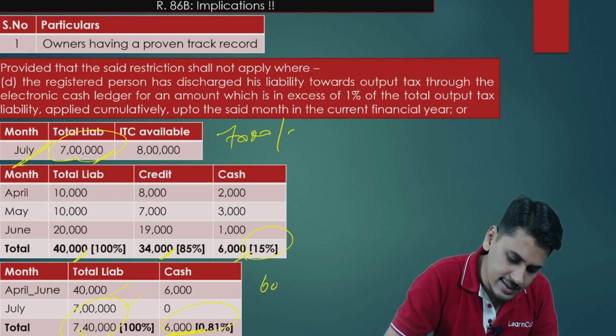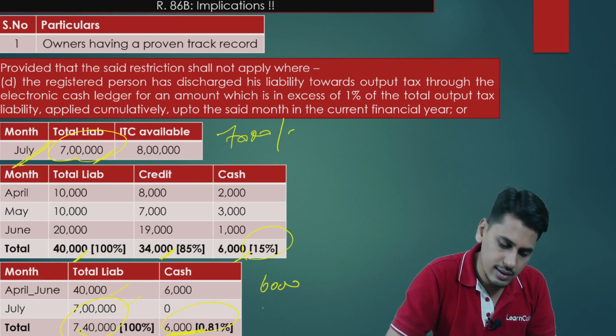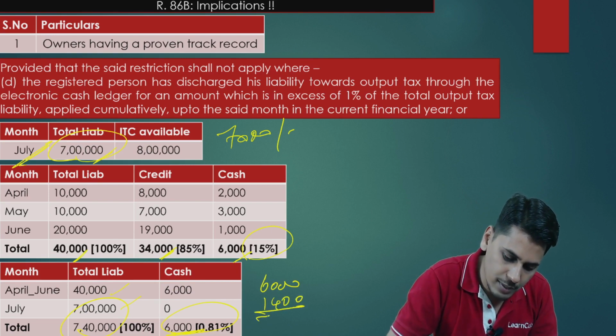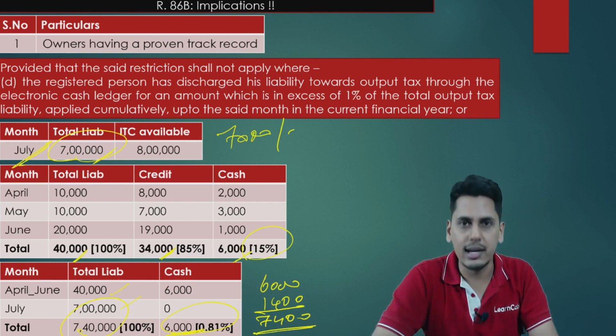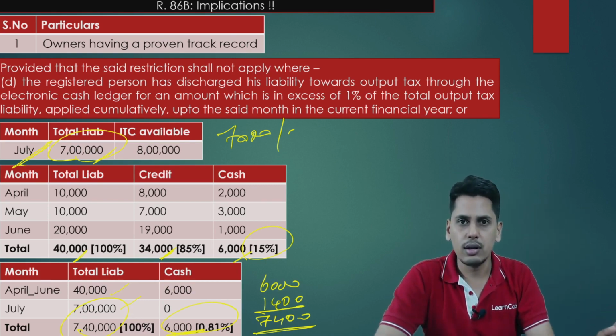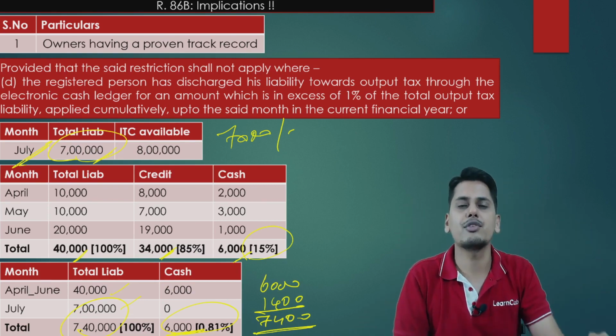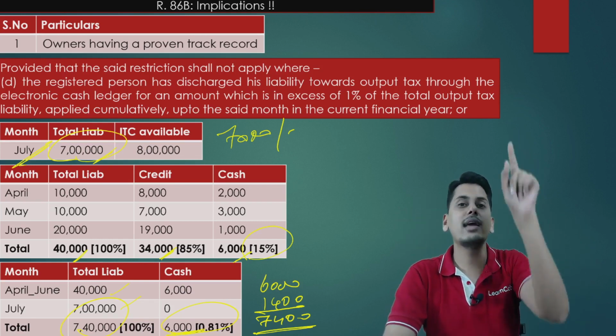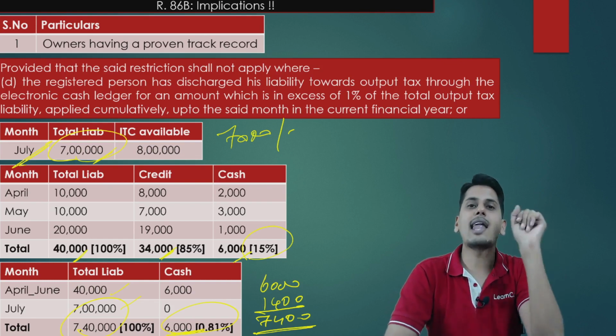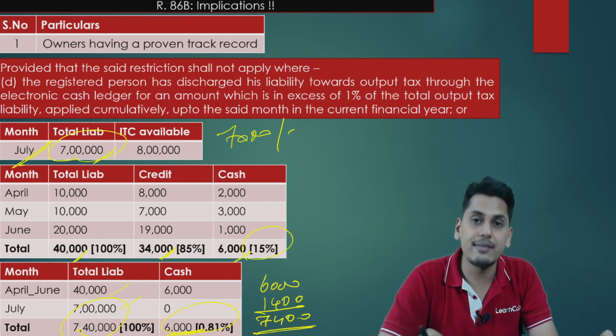Friends, please understand, 6,000 is already being paid. 1,400 if you are paying more, it becomes 7,400. Now if I look into cumulatively, 6,000 paid till June. For this month, I will pay 1,400 from my cash ledger. It would become 7,400. Now if I check cumulatively April, May, June, July, 7,40,000. 1% of it is 7,400.